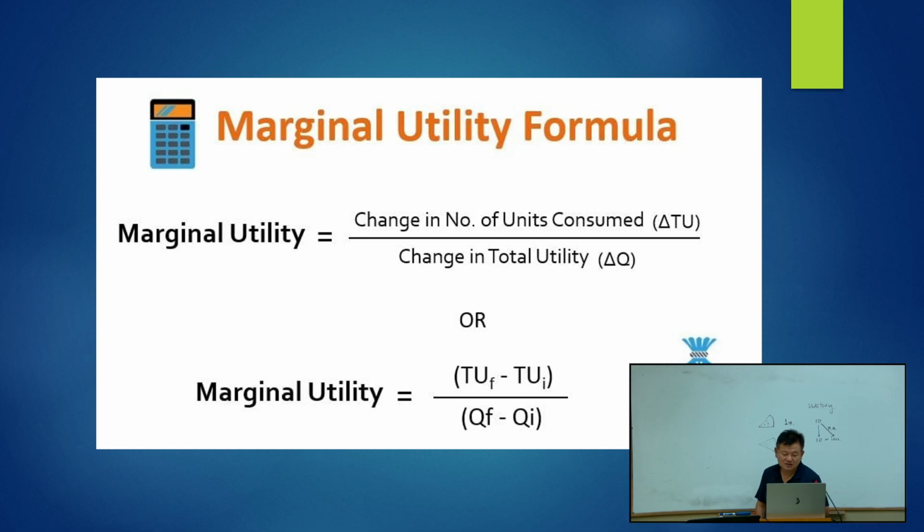So marginal utility is the change in total utility, final minus initial, over the change in quantity, Q final minus Q initial. That's it. Just know this one, no more difficult graphs, which are more confusing.